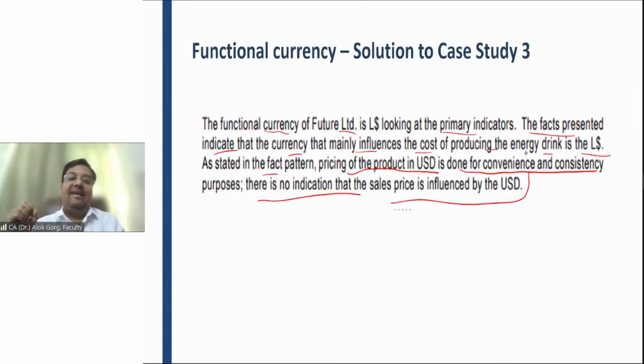Which currency should I carry? Everyone will tell you, please carry US dollar. Why? Because it is the most prominent currency and you will get a good price. So for the sake of convenience, like English, wherever you go, if you know English, your work will become very easy.